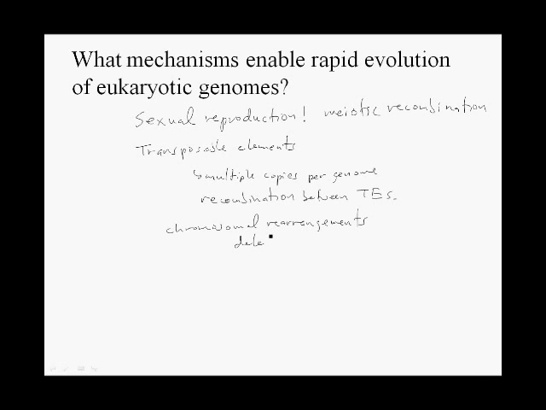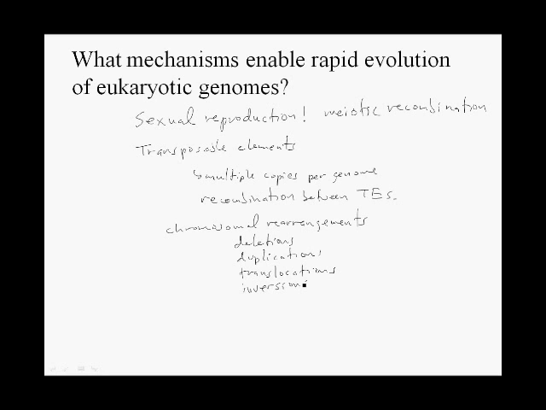So you get deletions, duplications, translocations, pieces of one chromosome being joined to pieces of a different chromosome, inversions, a piece of a chromosome being flipped with respect to the original parental version.